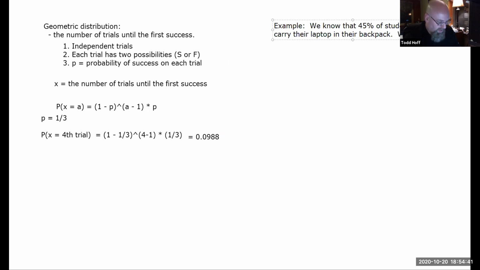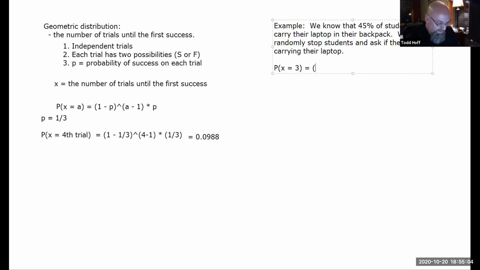So we are going to randomly stop students and ask if they are carrying their laptop. What is the probability that the first student that is carrying their laptop is the 3rd student?